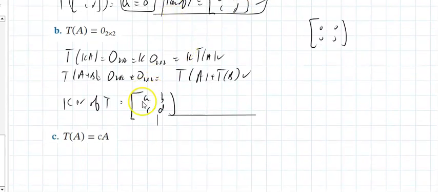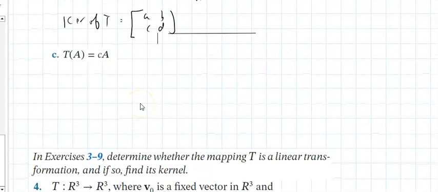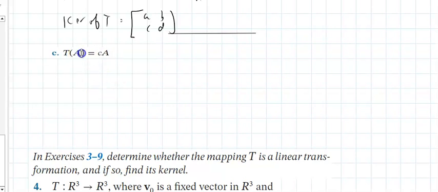And if we have this transformation given A, it just takes c, where c is a constant, and multiplies it by A. Well, okay, if I apply the scalar multiplication, T of kA, that's going to be c times kA.